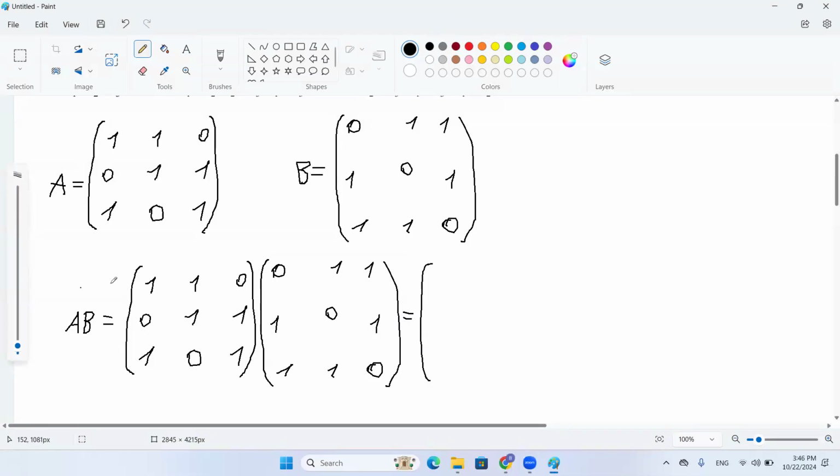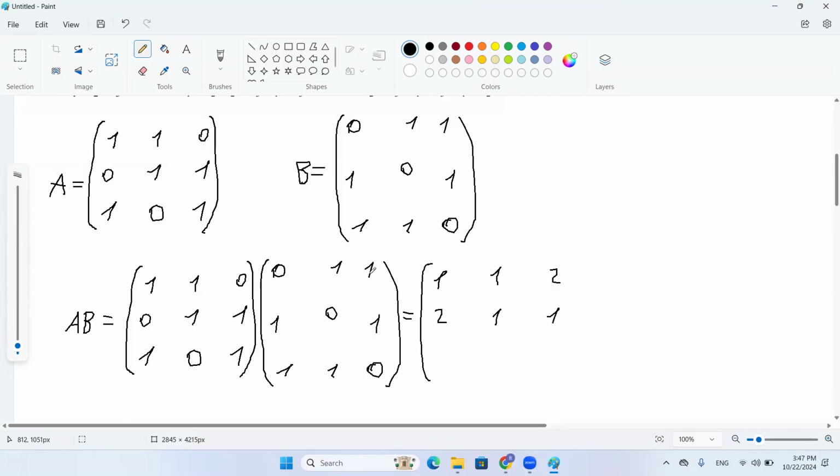So let's do it. 1 by 0, so 0, 1, 0. So just 1 here. Then 1 by 1, 1 by 0, 0 by 1. So 1 here as well. Then 1 plus 1 plus 0, 2. 0 plus 1 plus 1, 2. 0 plus 0 plus 1. 0 plus 1 plus 0, 1.